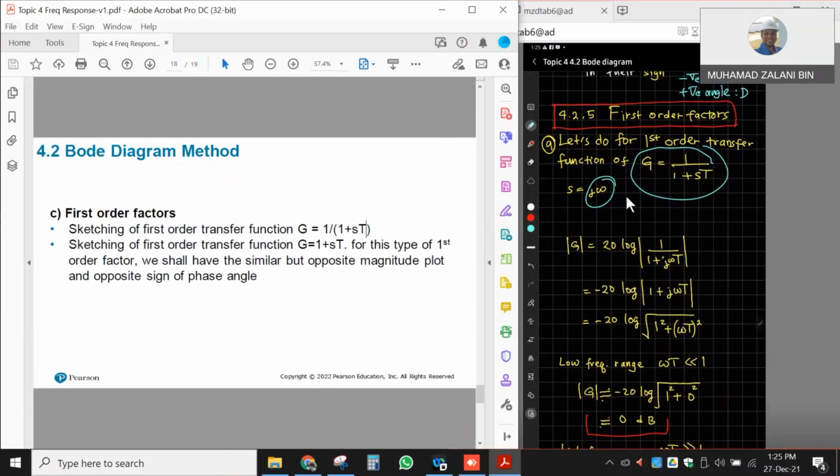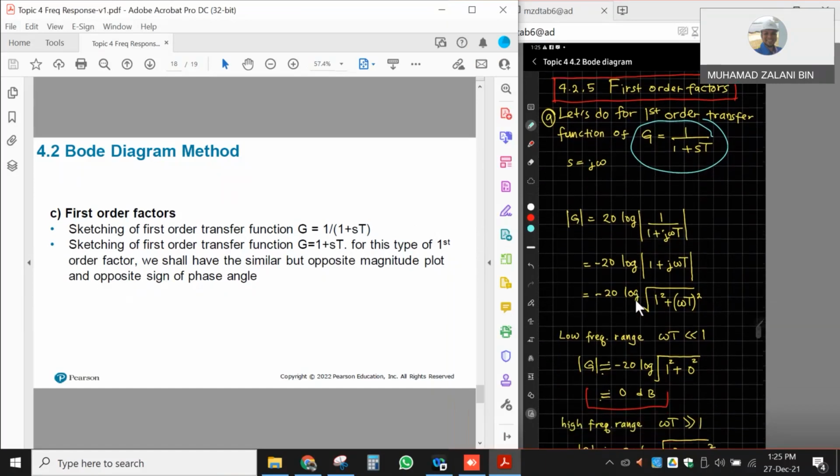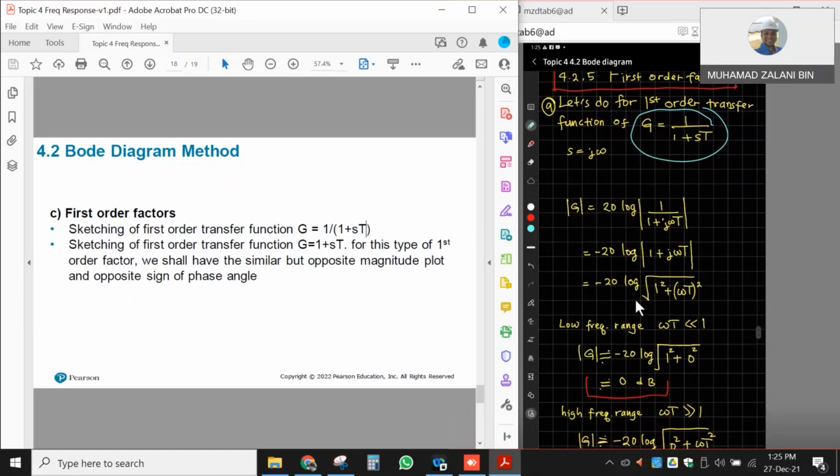So we want to observe, across the frequency spectrum, the behavior of the magnitude and phase angle of this first order transfer function of G equals 1 over 1 plus st.